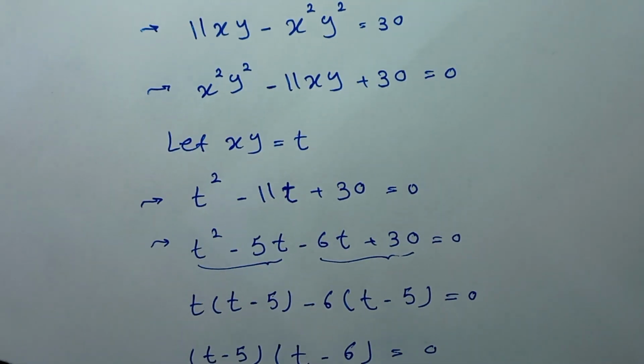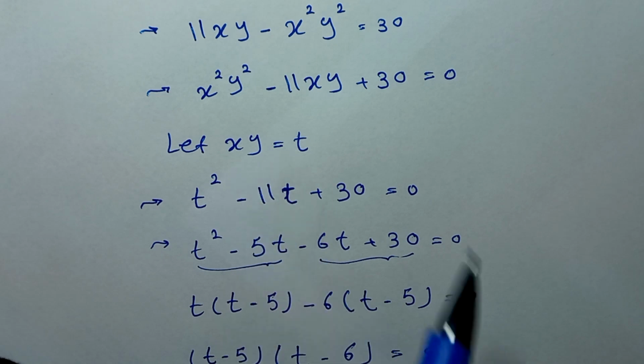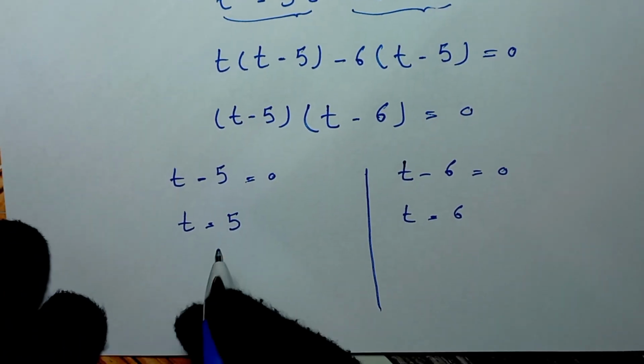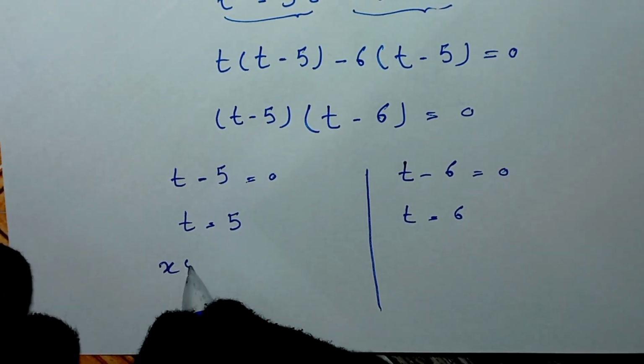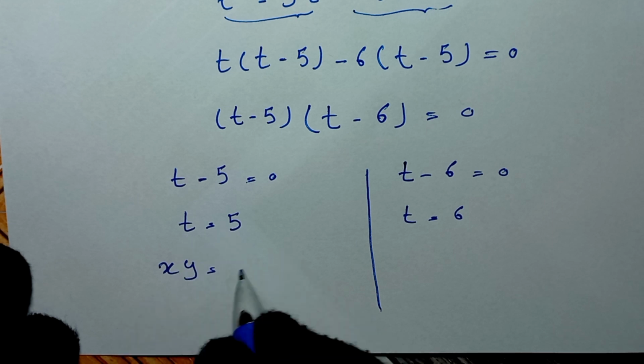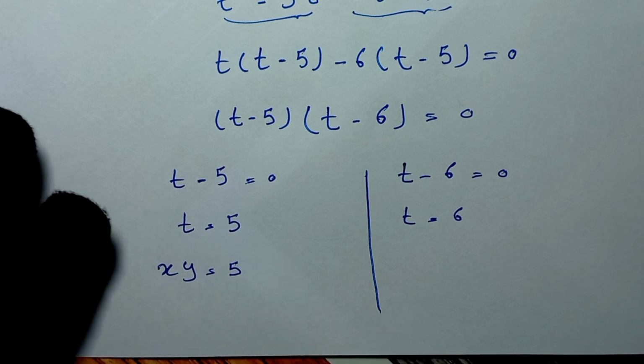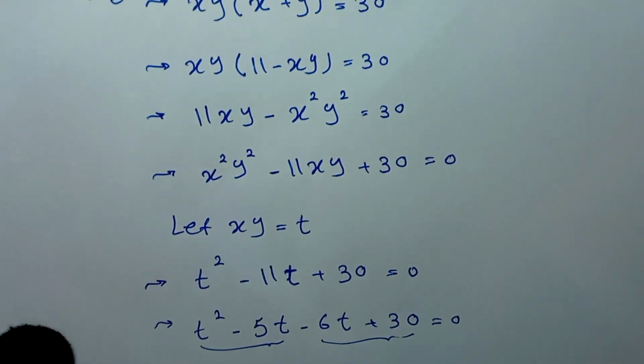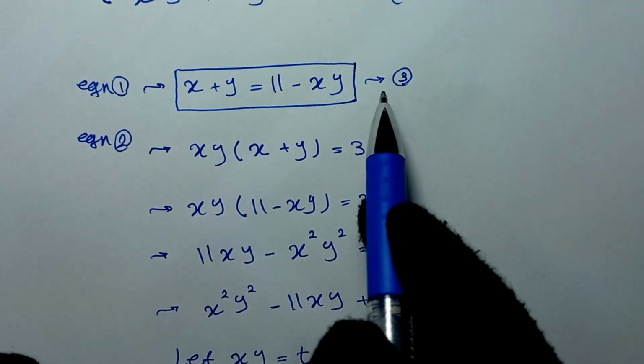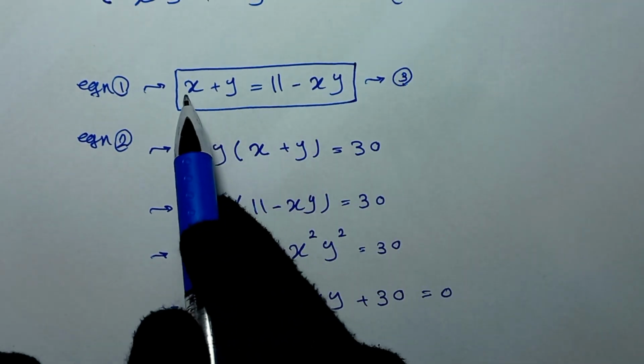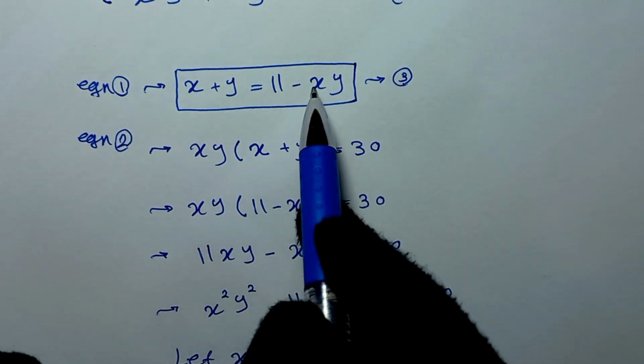And recall this xy is equal to t. So xy is equal to t, and t is 5, right? And from equation number 3, x plus y is 11 minus xy, right?